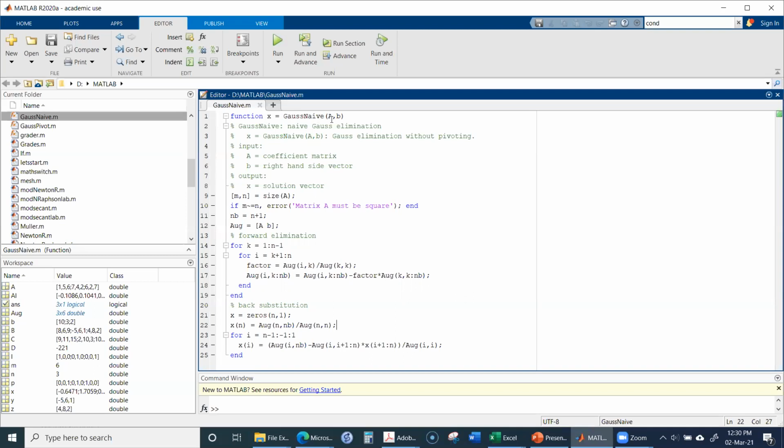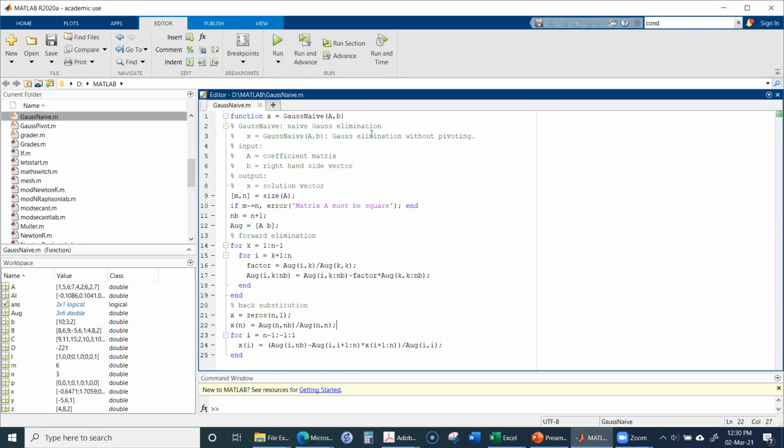This Gauss naive function is for the solution of simultaneous linear equations. A is the coefficient matrix and B is the matrix from the right hand side. It takes the two inputs and then it gives you the solution.